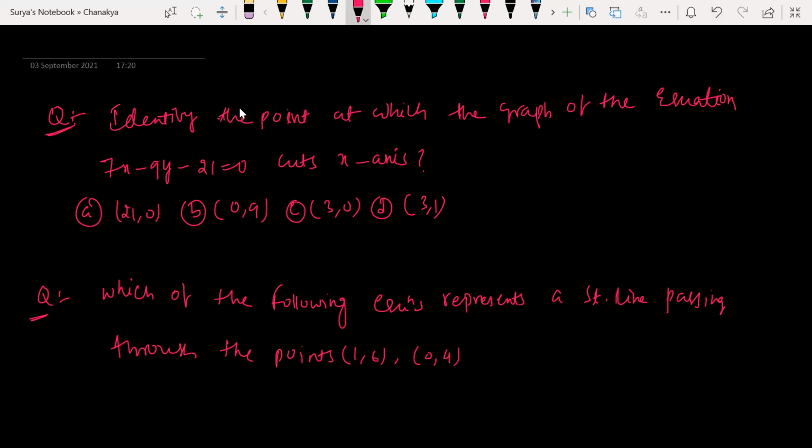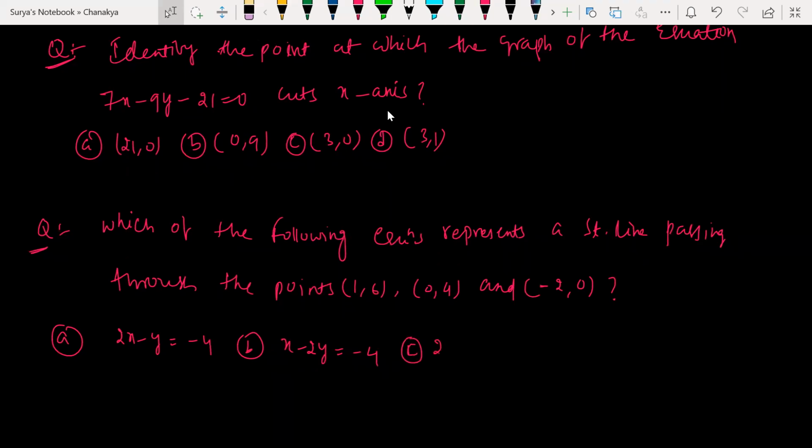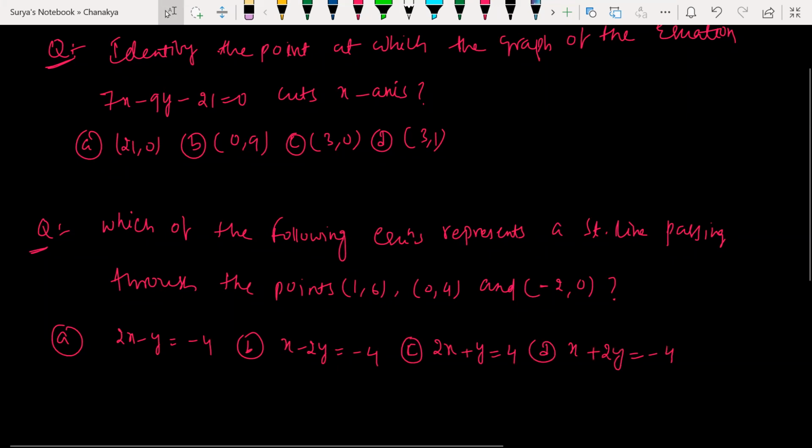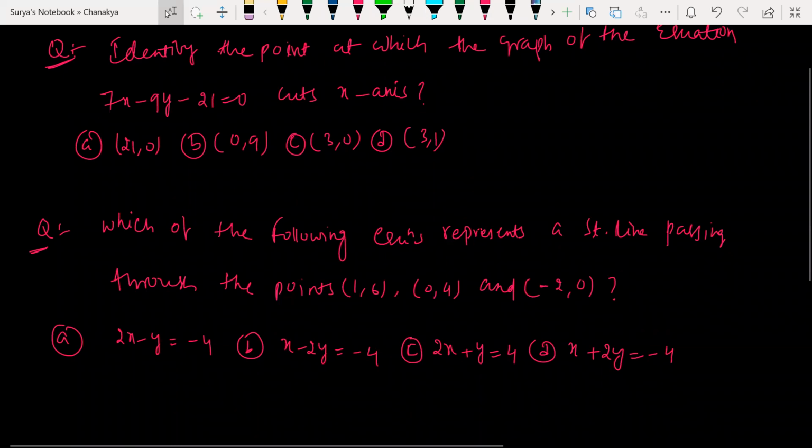Sir, what is the first option? 21 comma 0. Make it fast. Sir, I sent it.